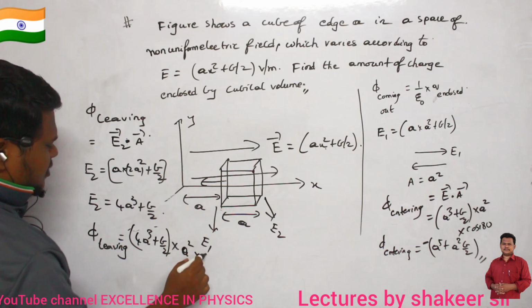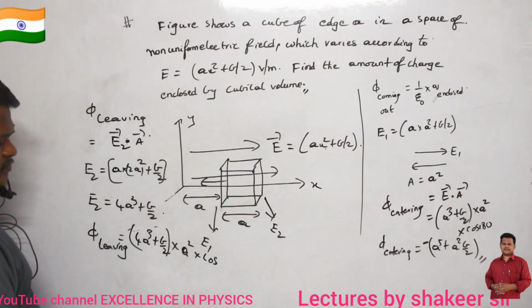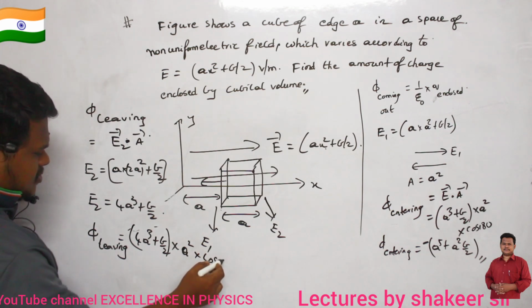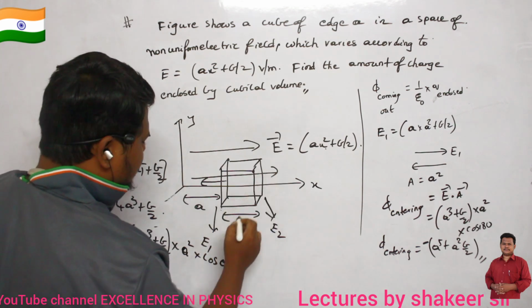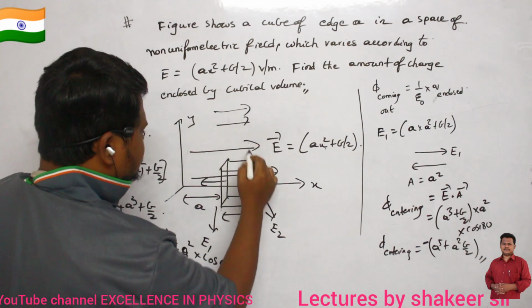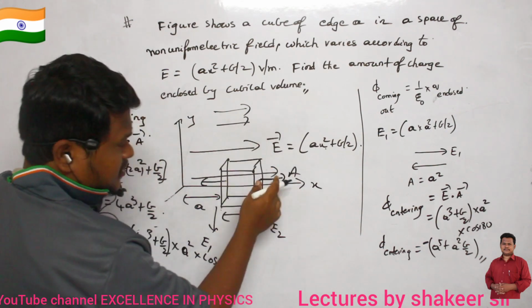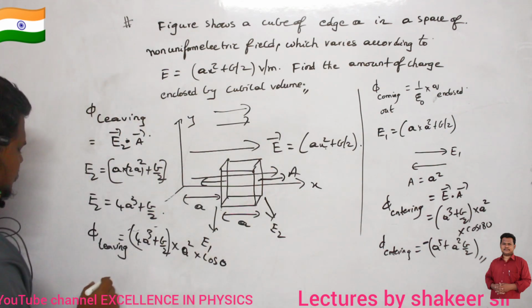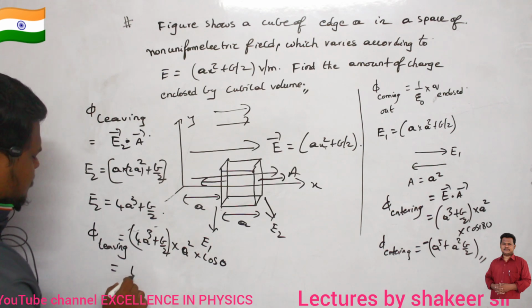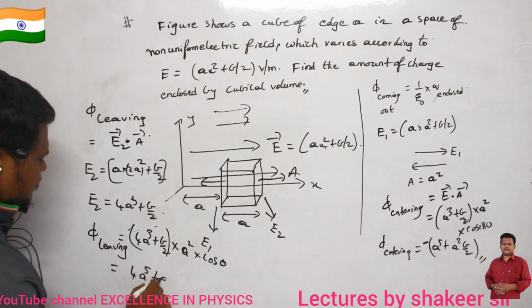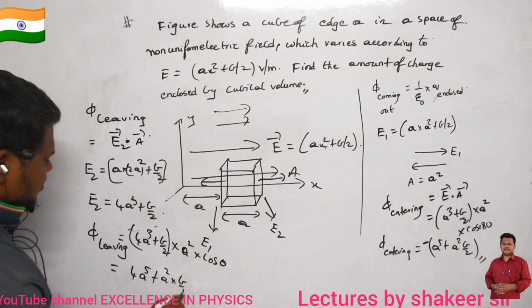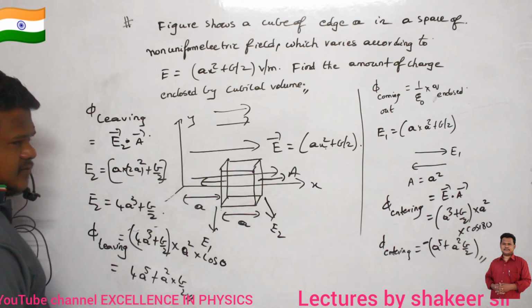And is it cos 180 or cos 0? Cos 0. Why cos 0? Electric field is in this direction, and area is also in this direction on this side. Clear, Nama? So, flux leaving is equal to 4A power 5 plus A square into B by 2. This is the flux leaving this surface.